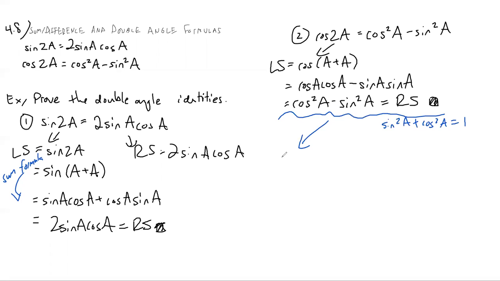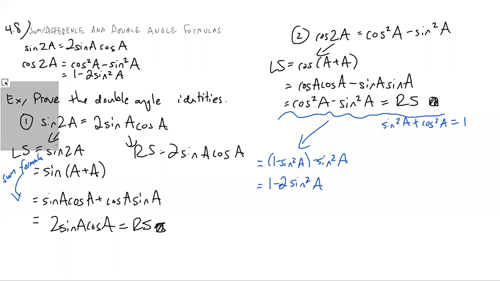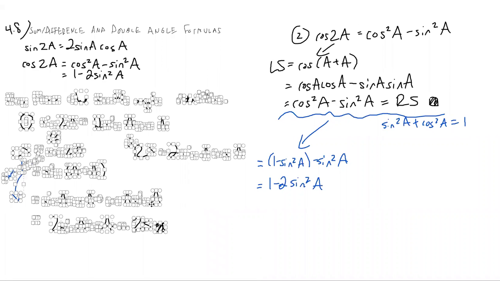One of them is we could take that cos squared a and write it as 1 minus sine squared a. And then what we actually get is 1 minus 2 sine squared a. So I'm going to add that up here.